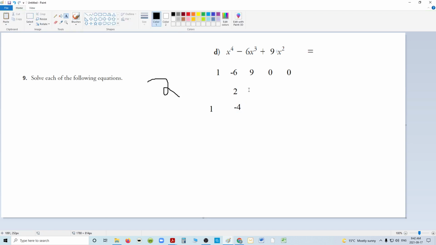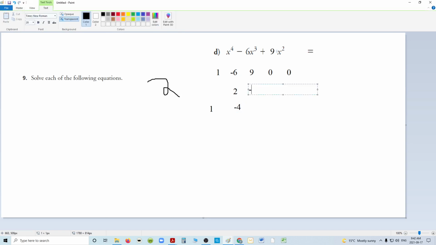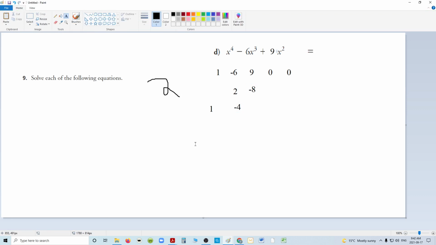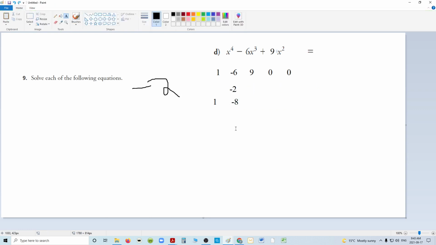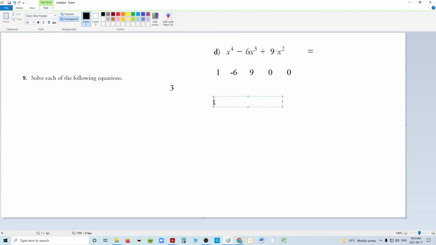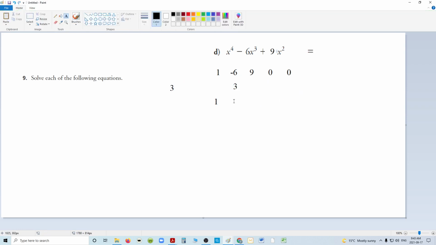Nope. It looks like it's going to be a half or something like that. Try minus 2. We'll try 3. Which I should try all along because of the 9. There it is.